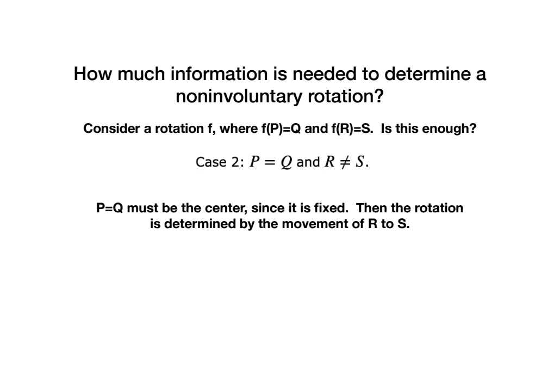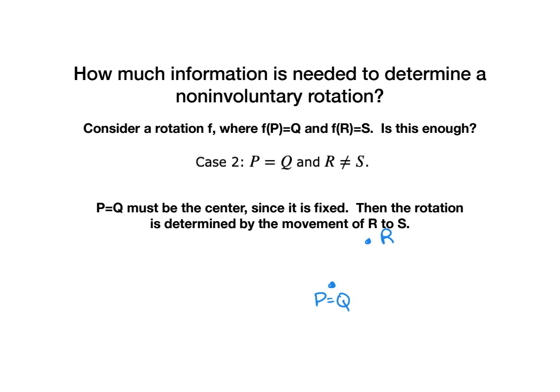The second case is if P is equal to Q and R is not equal to S. Well, if P is equal to Q, then P/Q must be the center since it is fixed. Then the rotation is determined by the movement of R to S. So let's just take a look. If I know that P is equal to Q there, and R is going to move to S here.